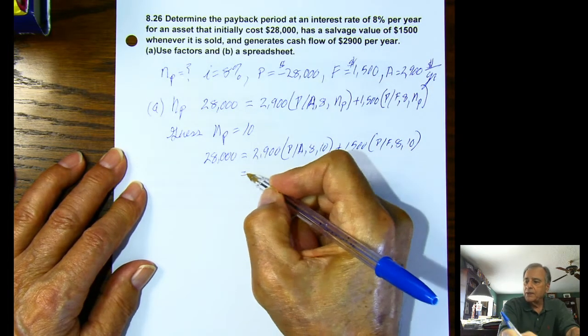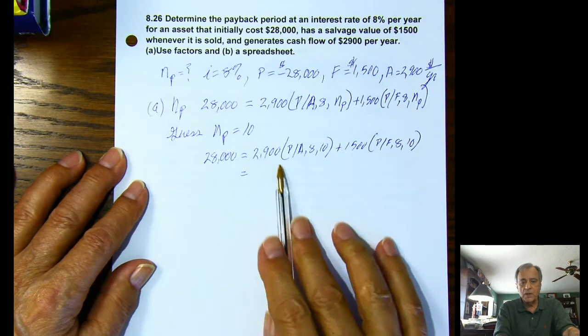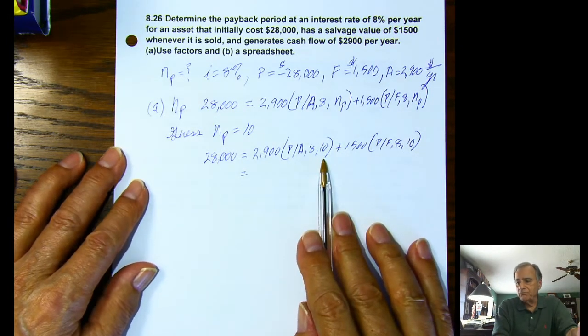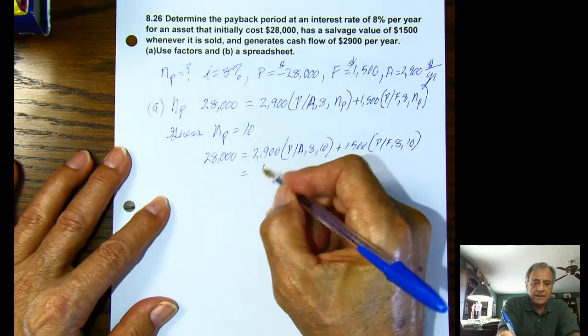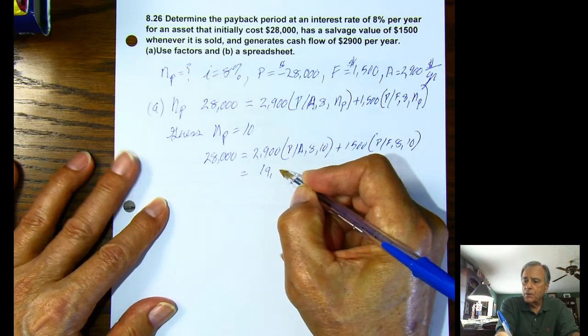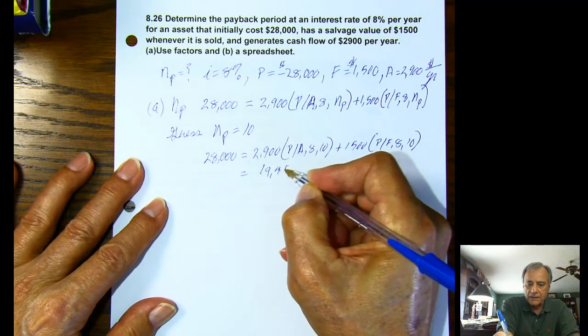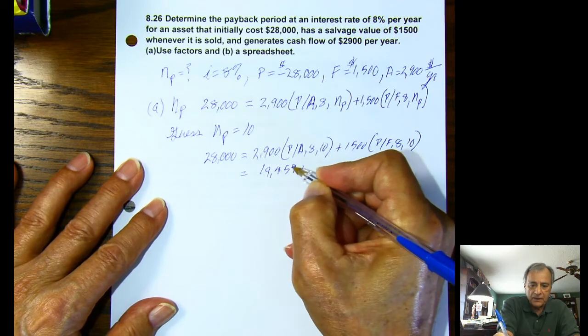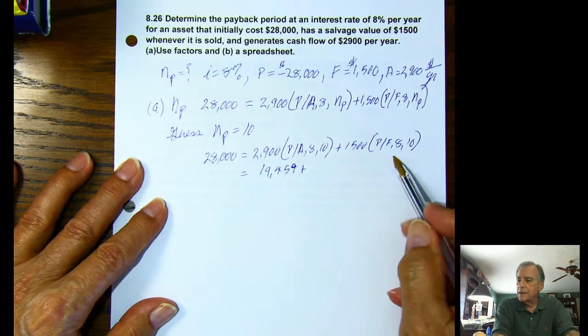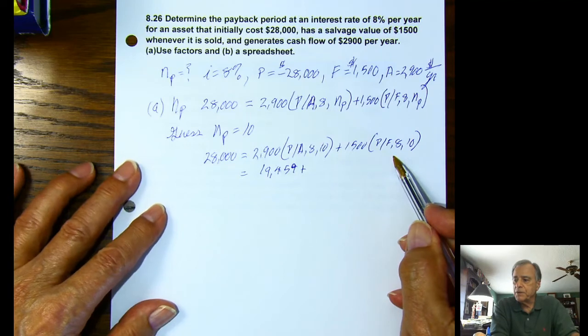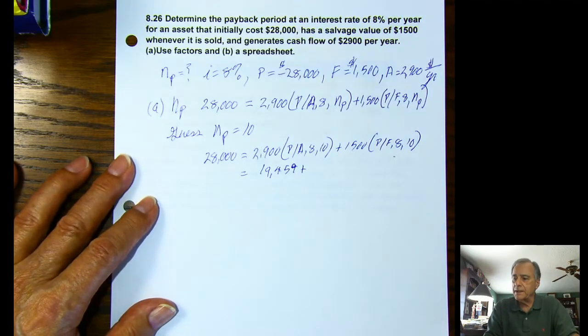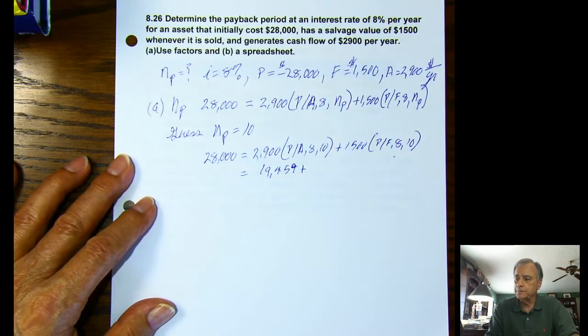And if we crank through that, this quantity here, using the app, I got $19,459, and using the app on this one, I got $695.